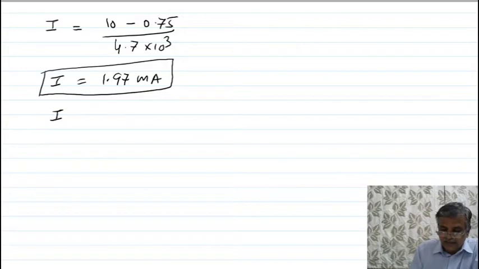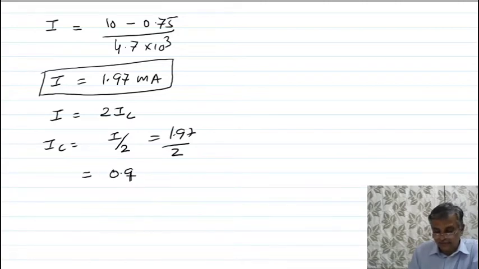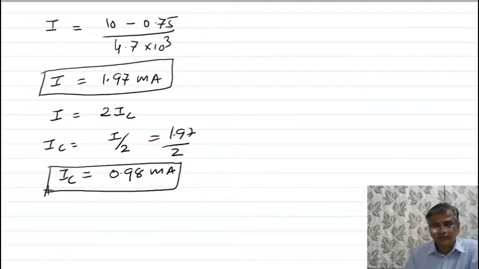We have written I is equal to 2IC. So IC is equal to I by 2. So 1.97 upon 2, you will get 0.98 milliampere, nearly. Now they are asking you IE3.